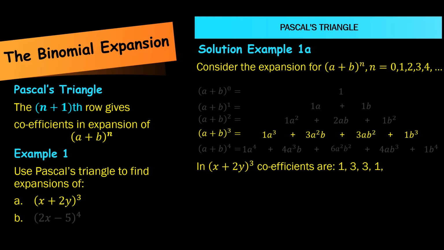However, we're required to expand (x + 2y) all raised to the power 3. So in our expansion for (a + b) cubed, we need to substitute a for x and b for 2y.